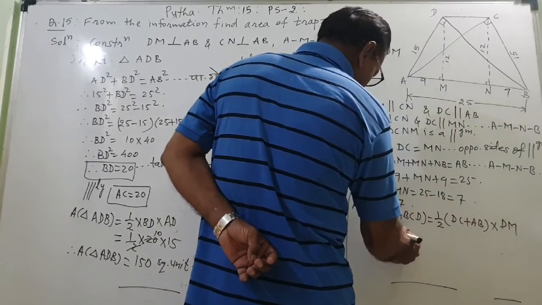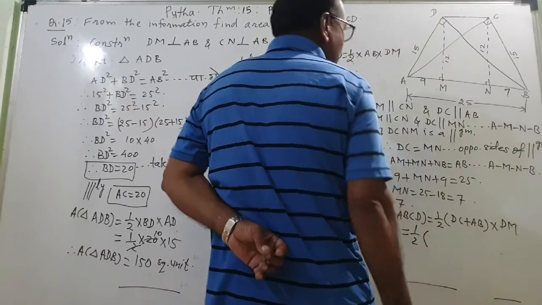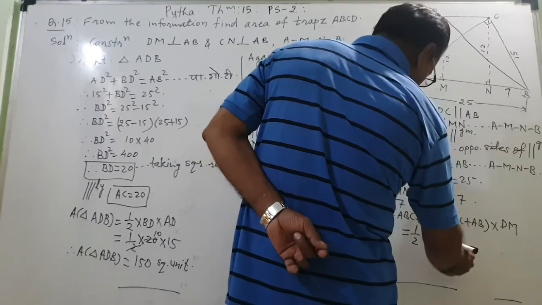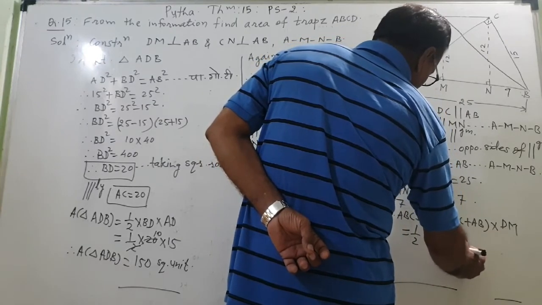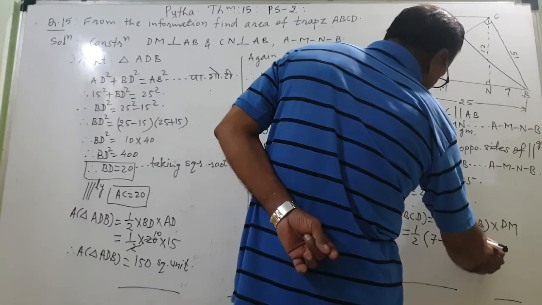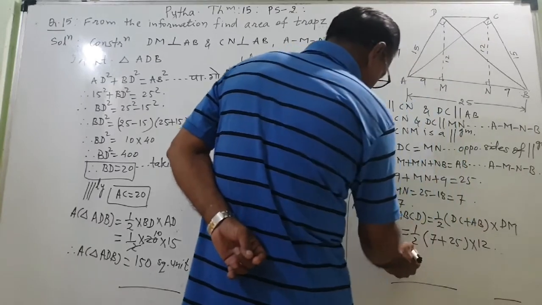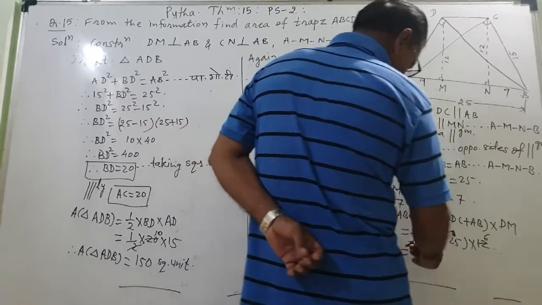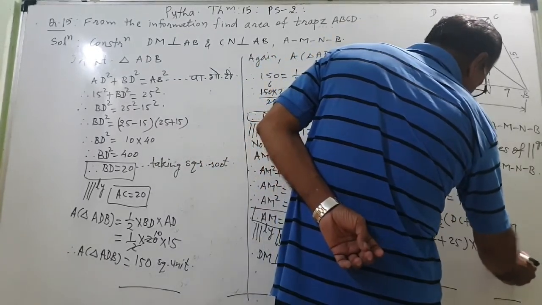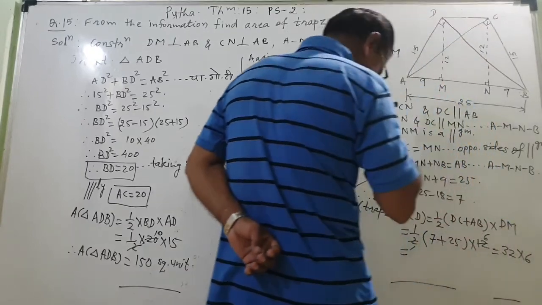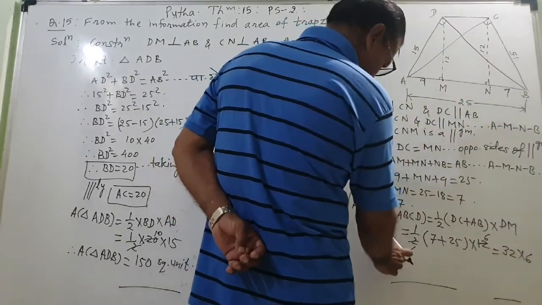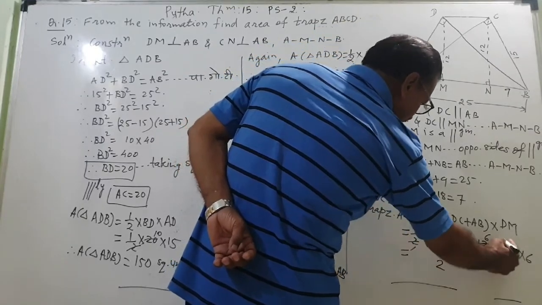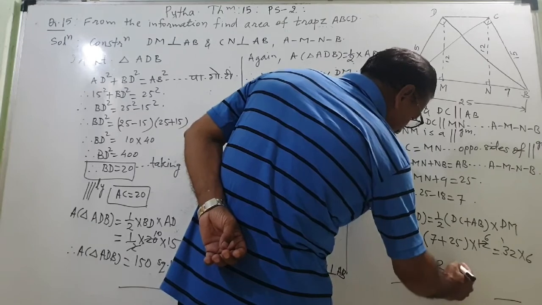So that is equal to 1 upon 2 into DC is 7 plus AB is 25 into height is 12. Therefore, 2 1 the 2 6. So this is equal to 32 into 6. So this is equal to 6 to the 12, carry 1, 6 to the 18 plus 1, 19 square unit.